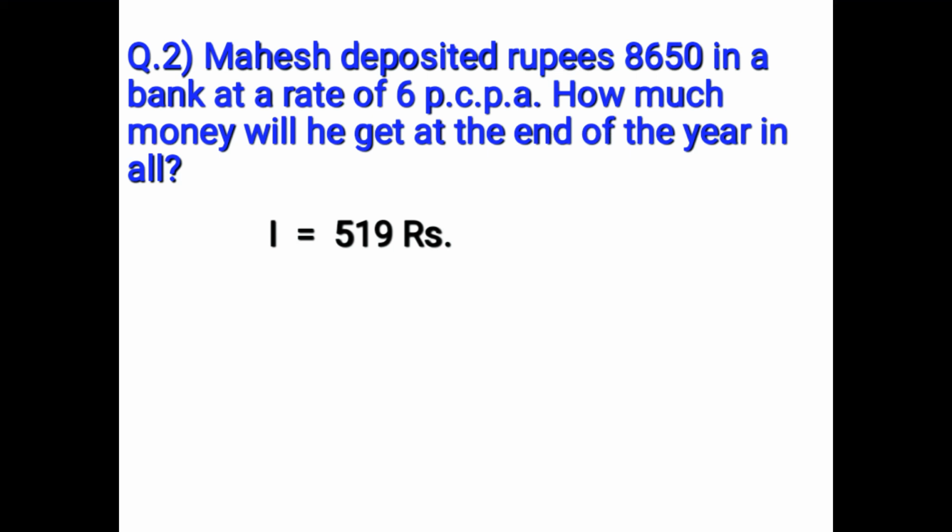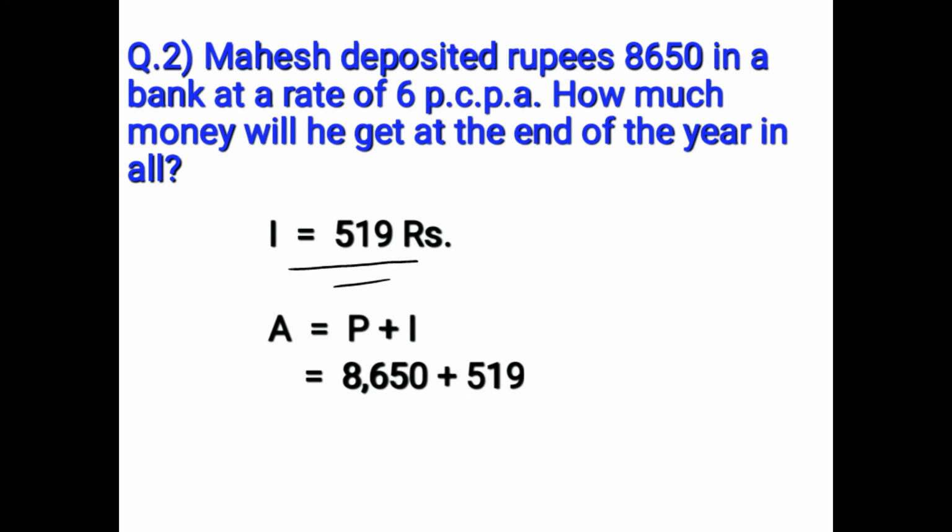You have the formula of amount. Amount is equal to principal plus interest. A stands for amount, P stands for principal, I stands for interest. That is equal to 8,650 plus 519. Interest, how much answer did you get here? 519.